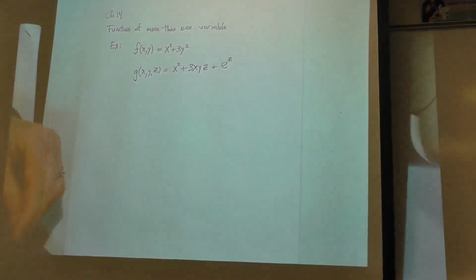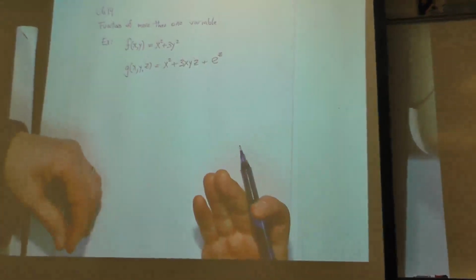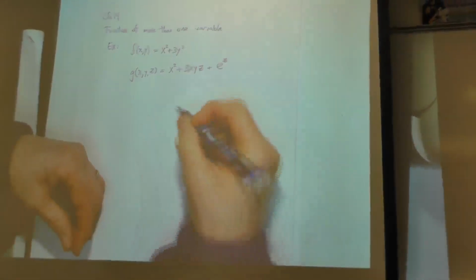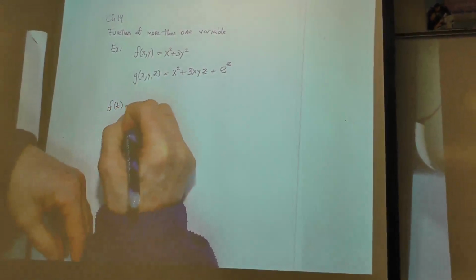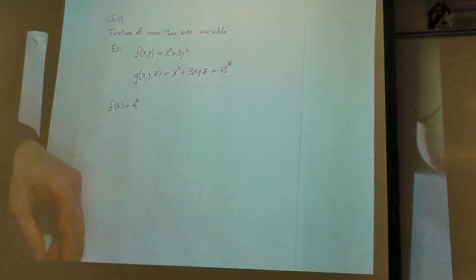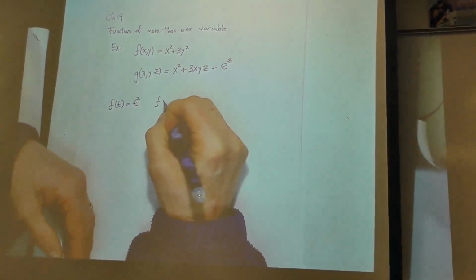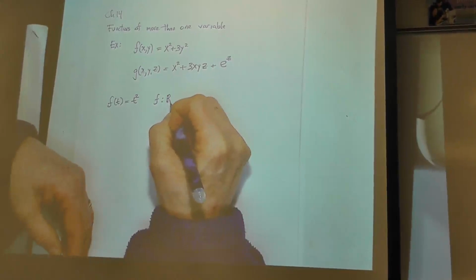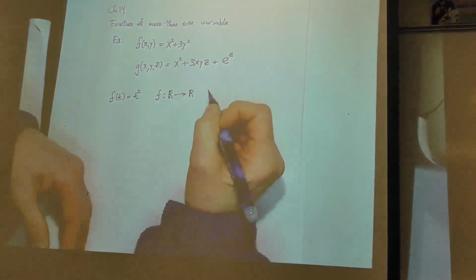All right, as a contrast, through Calc 2, you start in, I guess, pre-calculus defining functions. You have a function like f of t, you tell it to map t to t squared. F here takes a real number and maps it to another real number.